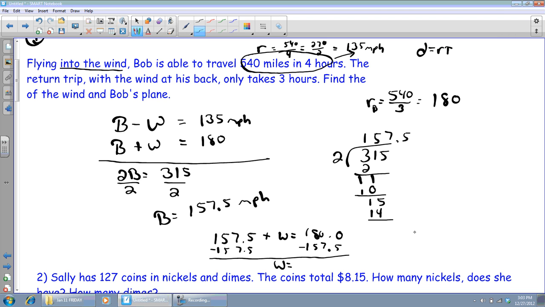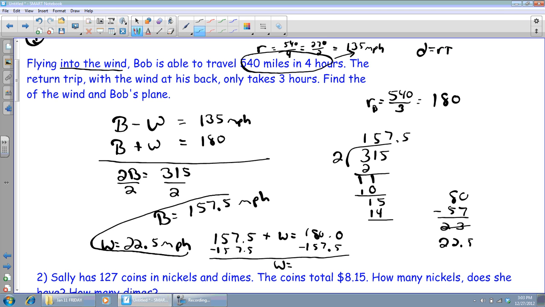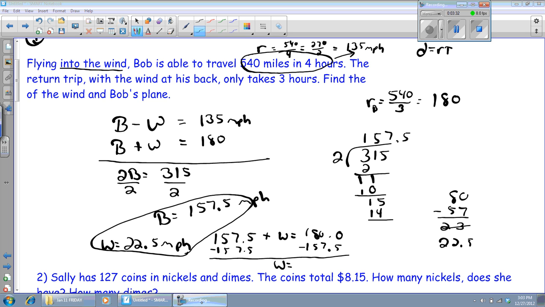If this was 80 minus 57, I'd be at 23, right? But I have to take another half away, so I'm down to 22 and a half. And so therefore the wind speed is 22 and a half miles per hour. And there you go. Not a very good circle drawn around it, but a pretty simple problem nonetheless.